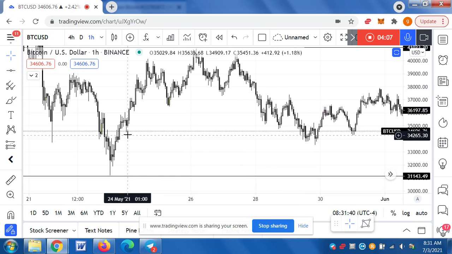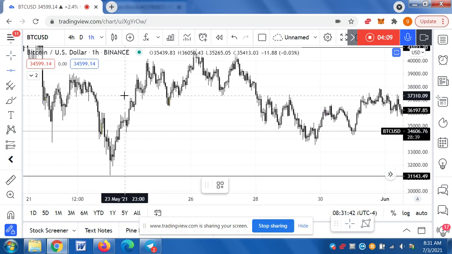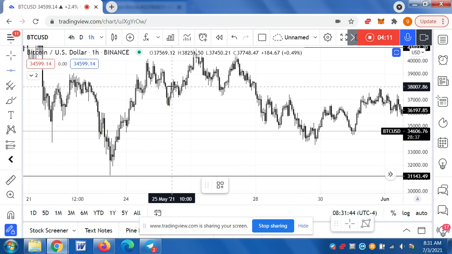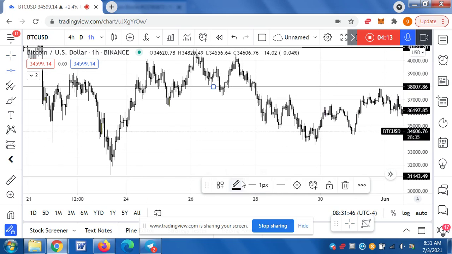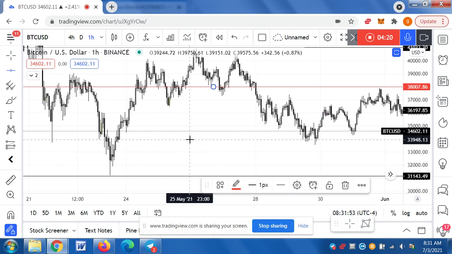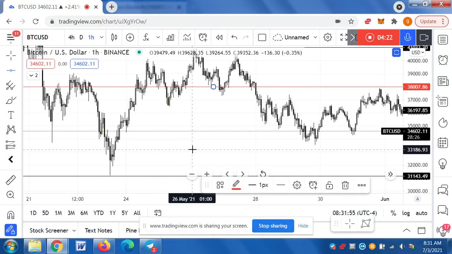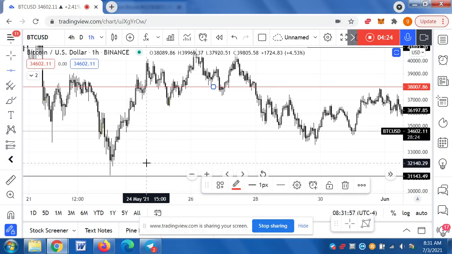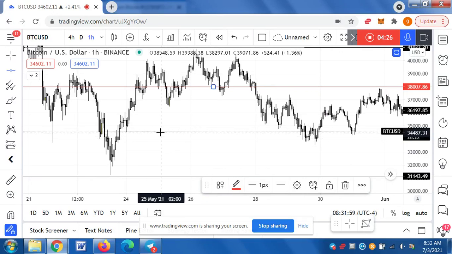We have a pivot high right here that's more towards the top of the range. Make this red. And let's see if we can find a pivot low. Alright, yeah, we can go right here for a pivot low.